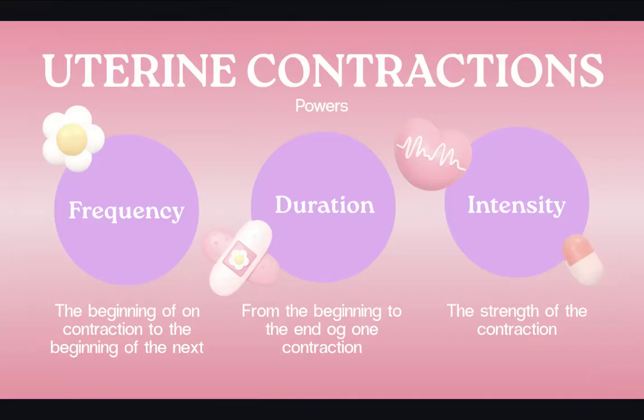And then intensity, we're going to test the intensity of the contraction by looking at the strength of it, which we're going to assess by either palpating or internal monitoring. All of these together are going to determine how effectively we're going to have cervical changes.